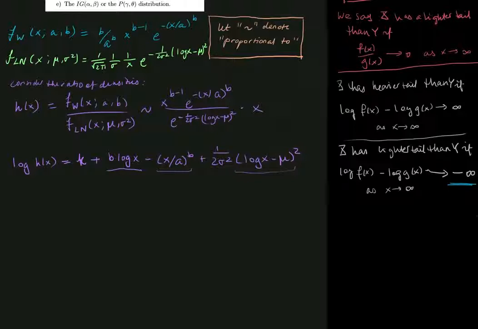Because if this one is the dominant term, then the log ratio will converge towards infinity, right? However, if this one is the dominant term, it will go towards minus infinity.